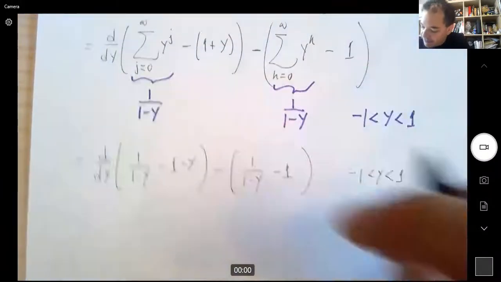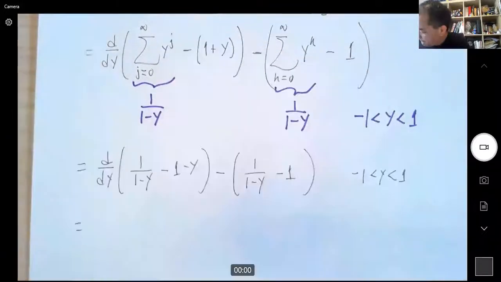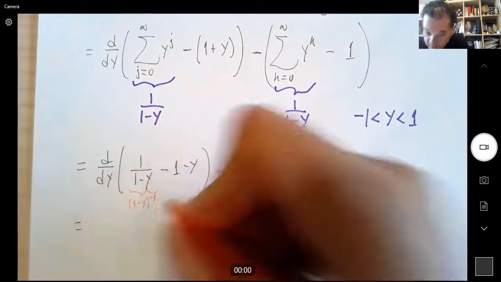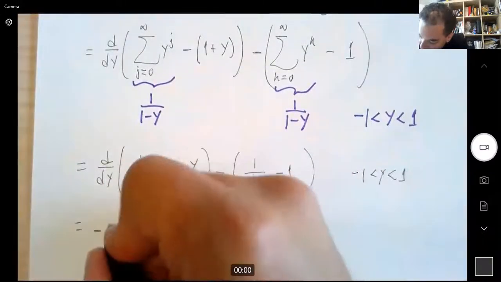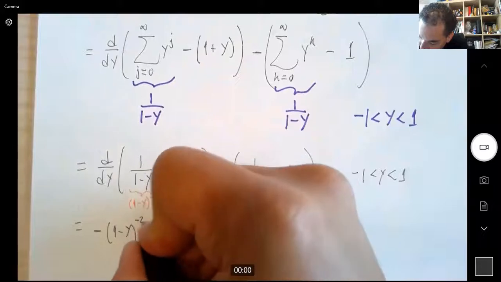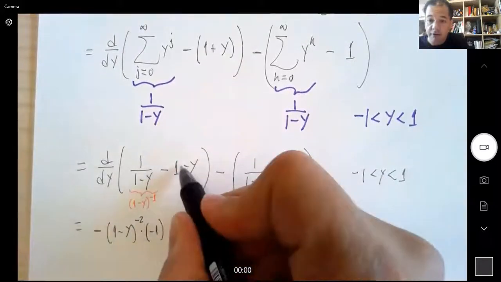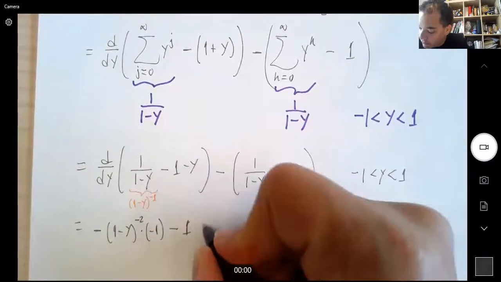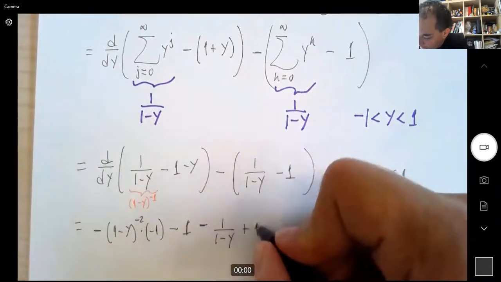Now let's do the derivatives. This is like 1 minus y to the negative 1. So the derivative is minus 1 minus y to the negative 2 times the derivative of negative y, that's negative 1, minus the derivative of 1, that's 0, minus the derivative of y, that's minus 1, minus 1 over 1 minus y plus 1.